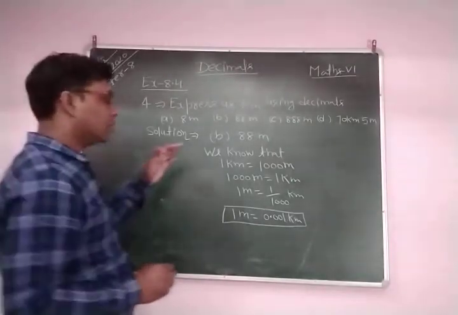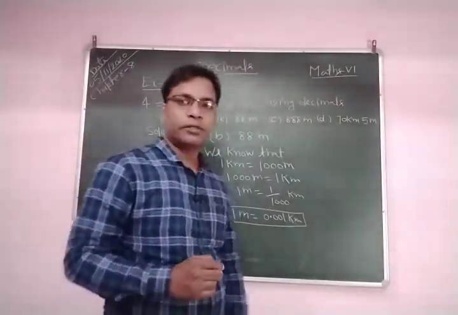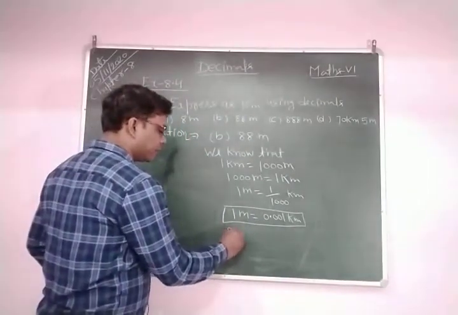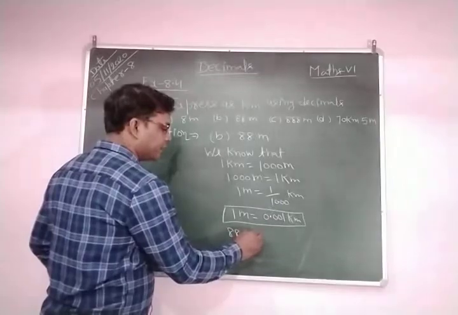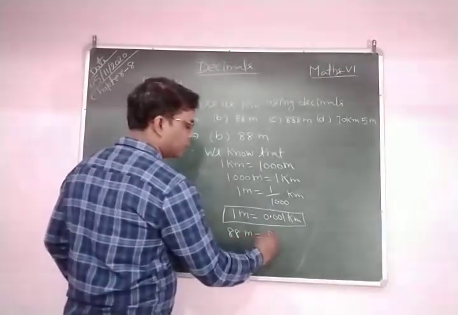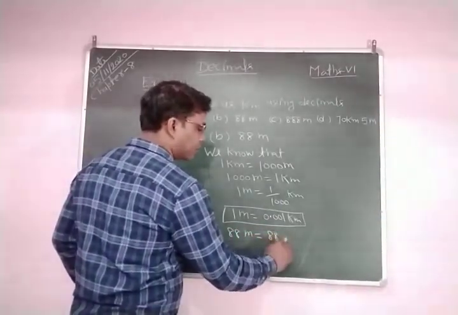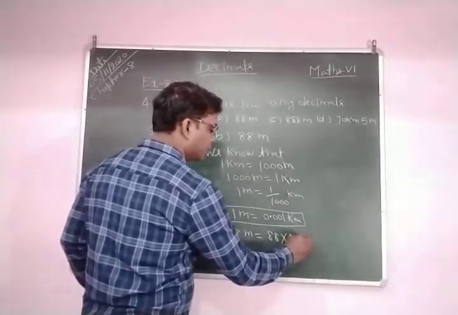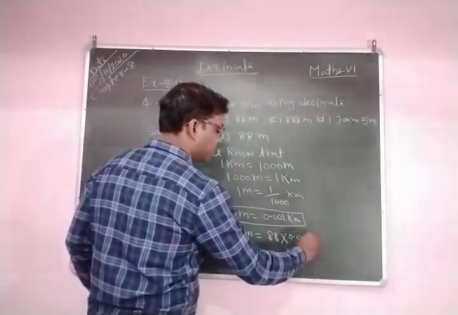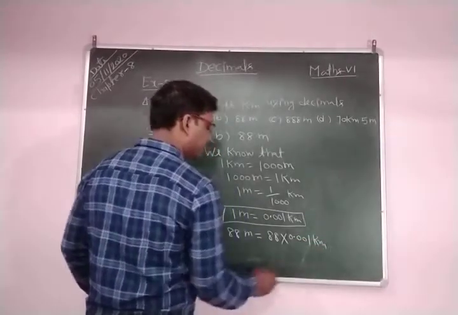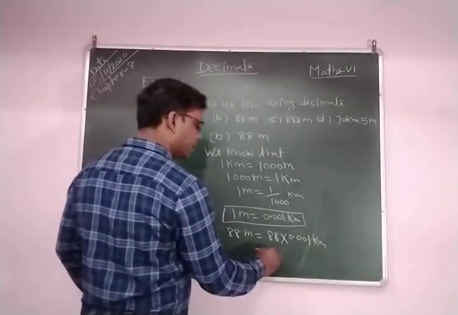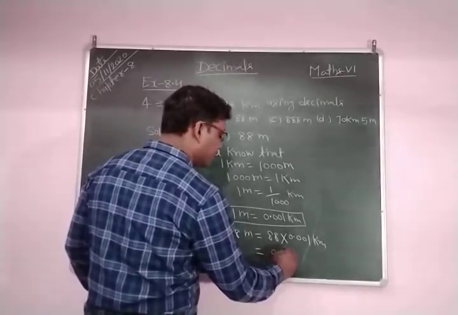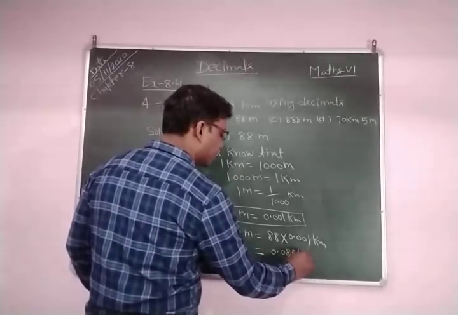Now after this we have 88 meters. So 88 meters is equal to what? We can write 88 meters is equal to 88 into 0.001 kilometers. This is equal to 0.088 kilometers.